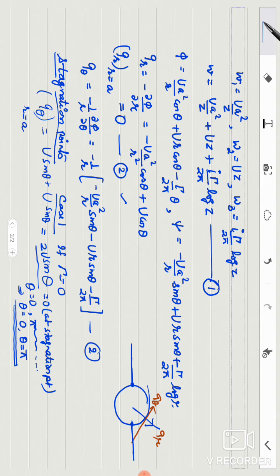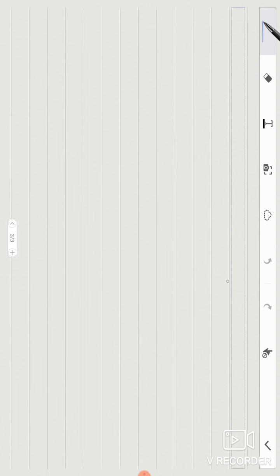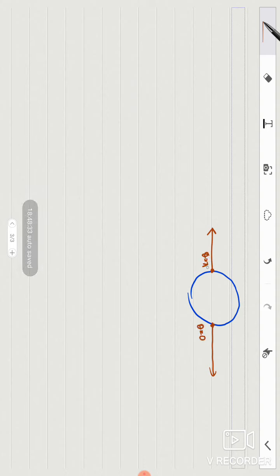If I draw it, in this situation, this is the x-axis and this is also the x-axis. This point represents theta is equal to 0. This point represents theta is equal to pi.